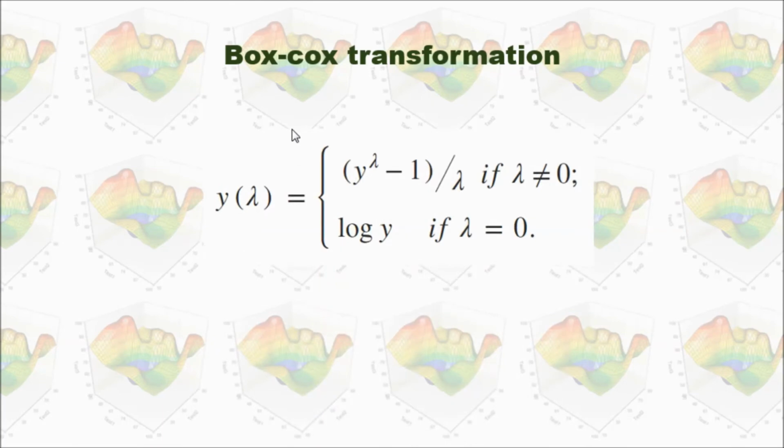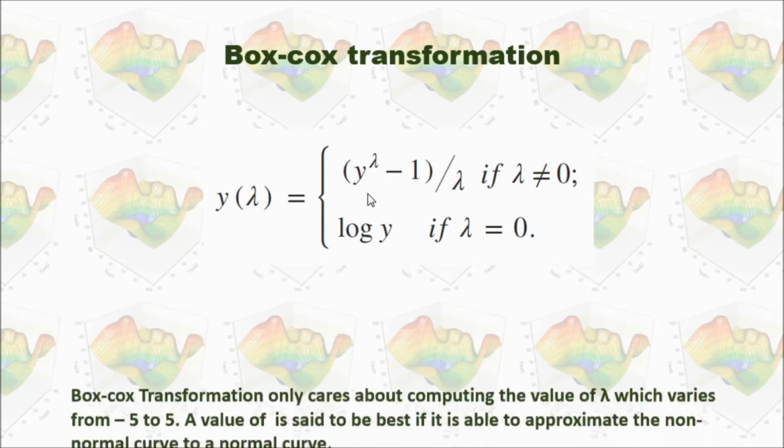Let's check the formula of this transformation. We can transform variable y to a new y that depends on lambda with this formula. When lambda is equal to 0, we will take the log of y. And when lambda is not 0, we will use this formula to transform it.